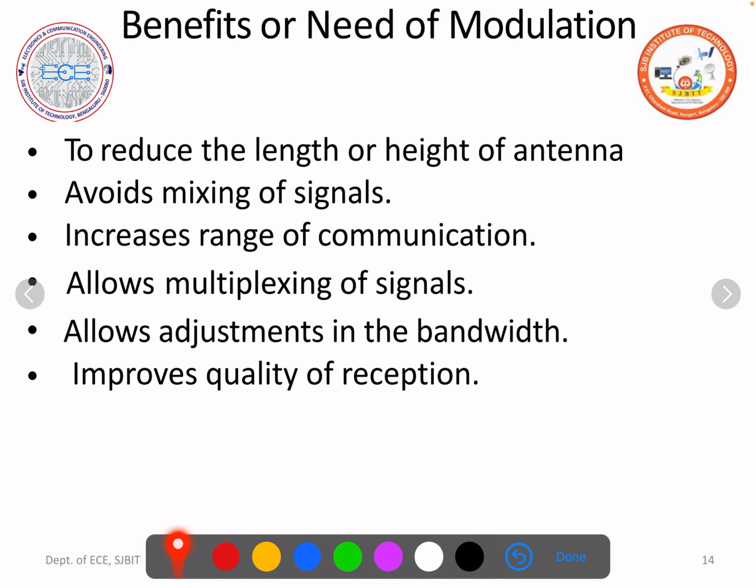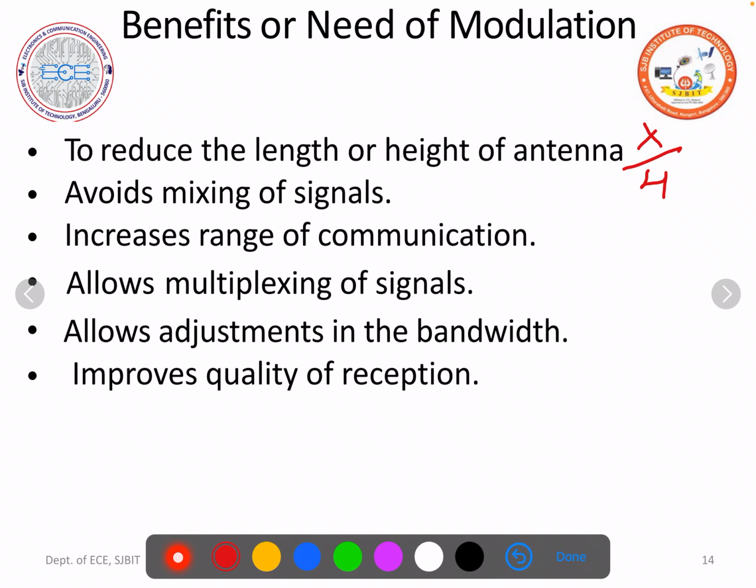Before going with the AM, let us just have a recap on the need for modulation. What are the benefits of modulation? It reduces the height or the length of the antenna. In the previous video, I explained the minimum height required is lambda by 4, and when you start increasing the frequency, the height of the antenna will be decreasing.